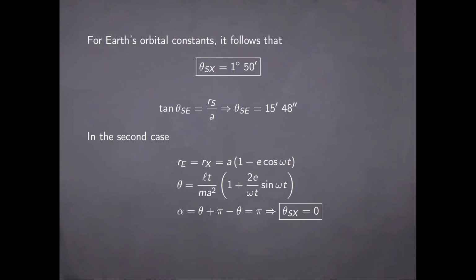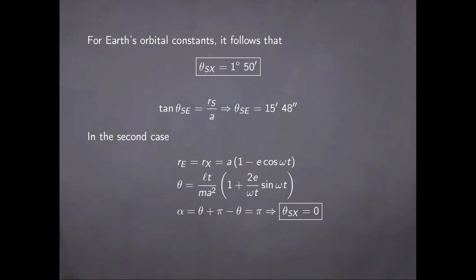However, if we were to work with the second case by exactly the same method, it turns out that in this case the two planets are moving in phase, so their radii are equal through the expression here, and then we can evaluate the angle theta, the polar angle, as being given by this quantity, and alpha is, in that case, simply equal to pi, and as such the apparent angle between the Sun and planet X as viewed from Earth is always 0.